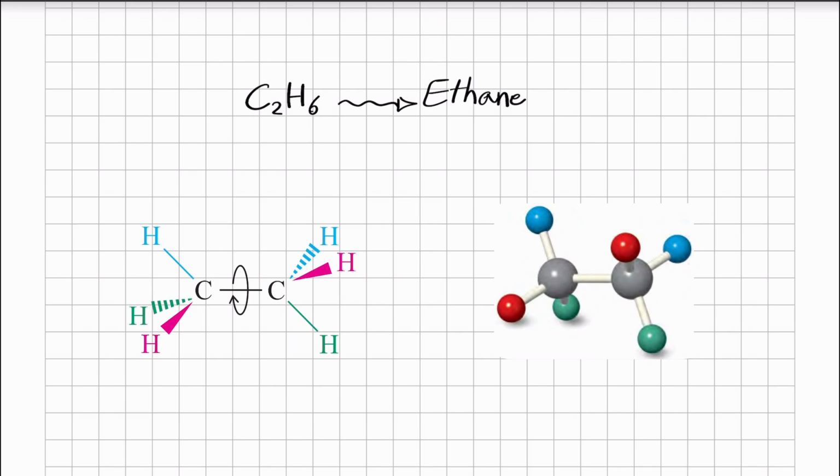Let's go. Look at the one on the left side. When we want to show a molecule which is on the plane of the paper, we use the bonds which are like this, like these 2 hydrogens. On the other hand, when we want to show a bond which is out of the plane of the paper, we use this sign.